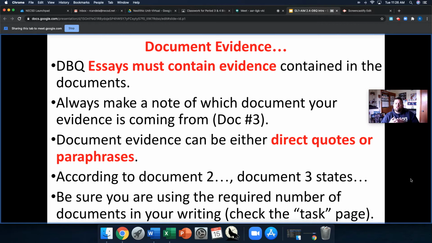In our analogy, the document evidence in your DBQ essay serves as that solid foundation that we build the rest of the essay on top of. Without document evidence as the foundation, the rest of the structure will be unstable and crumble. Same with your essay. Your essay is only as good as the document evidence that is contained in it. So we have to start with document evidence and build on top of that. That's the important thing to understand.